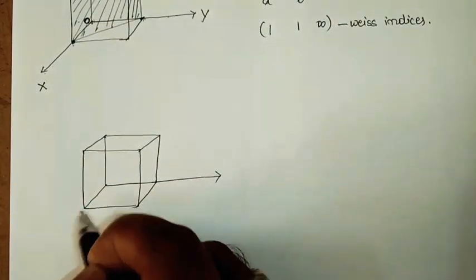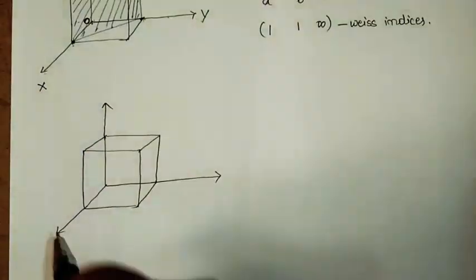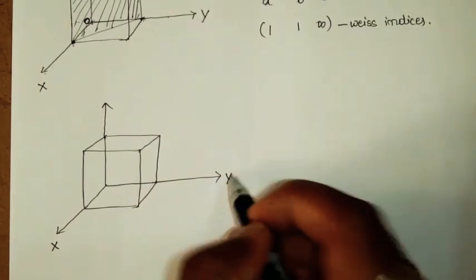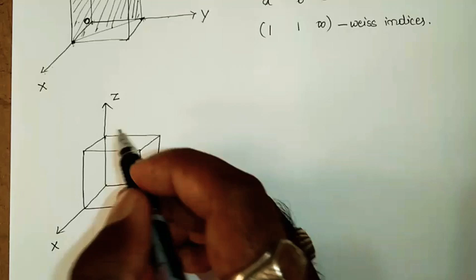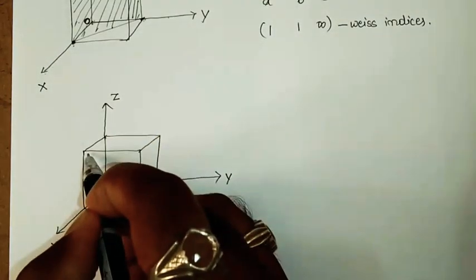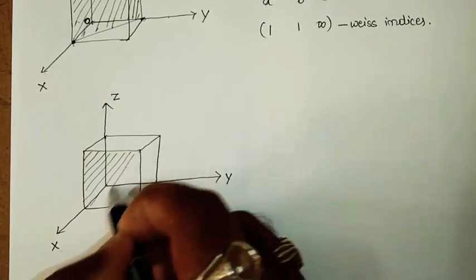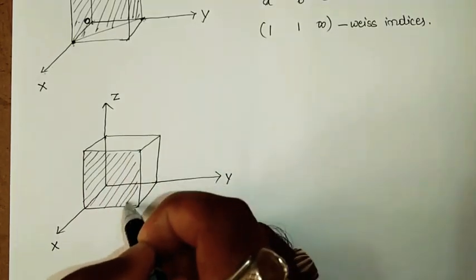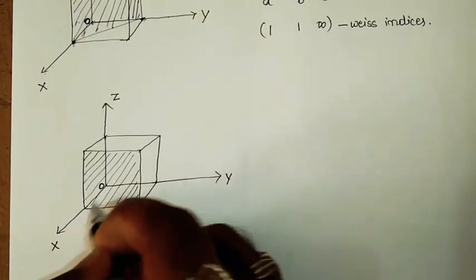So we shall consider the axes, and this is the x, y and z axis. Let me consider the plane, this one. This is the plane and this is the origin.